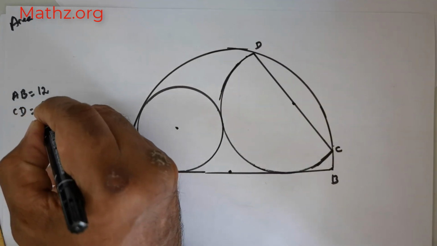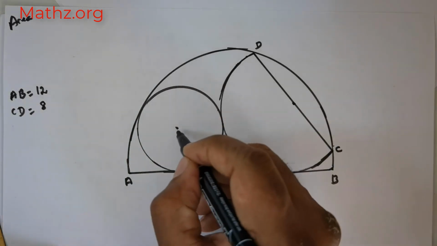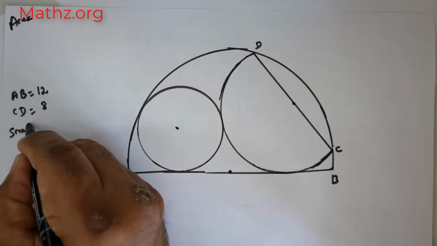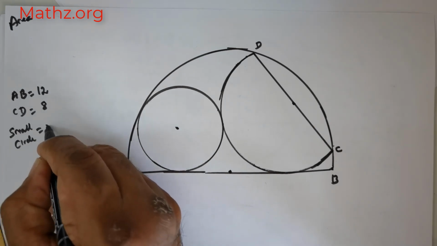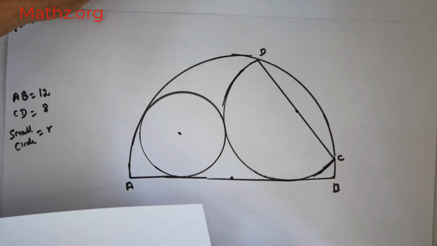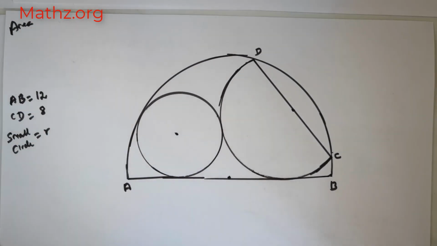The value of CD is 8 units and we are asked to find the radius of the small circle. Small circle radius has to be found. Okay, so these are the information that are being given.